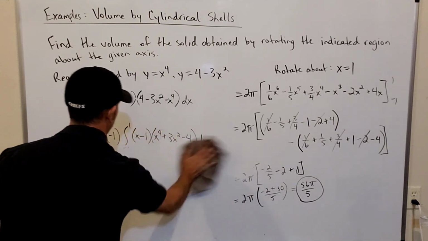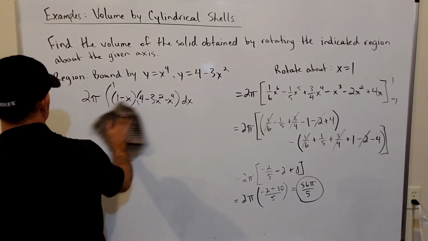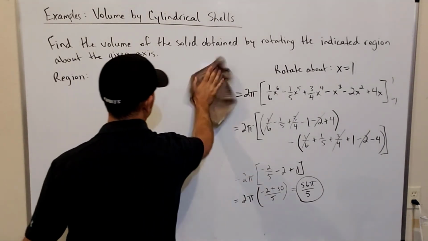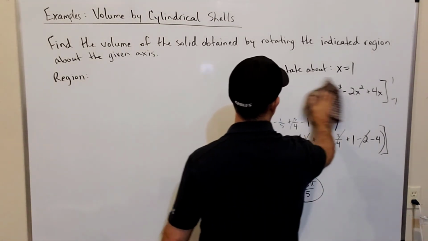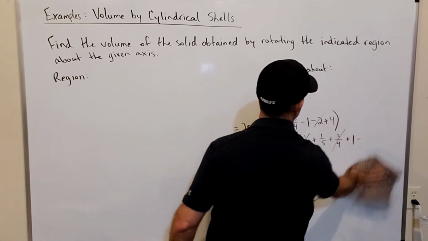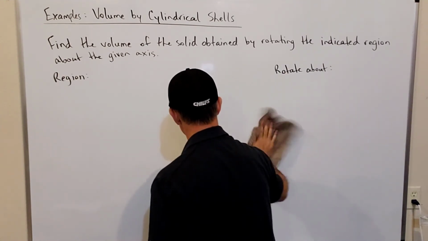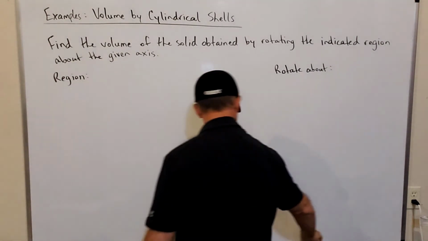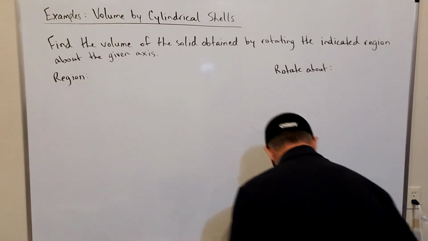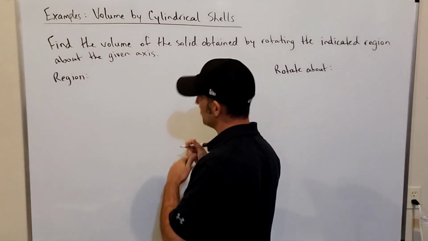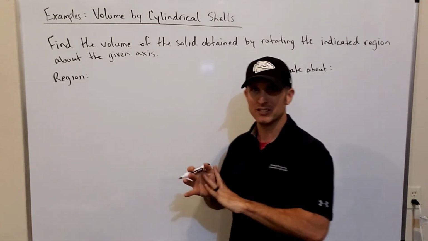All right, let's do one last example. And this time, the region will be described in a graph. So we won't have to come up with a graph ourselves. Okay, so the region we're looking at this time is going to be, this entire graph takes place in the first quadrant.